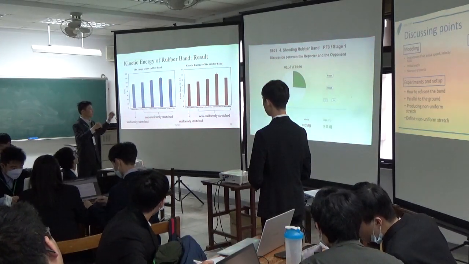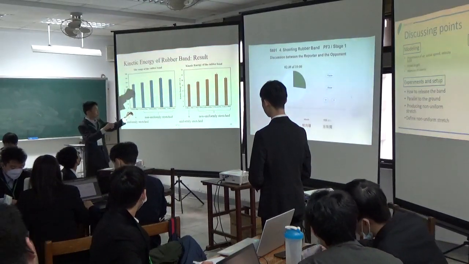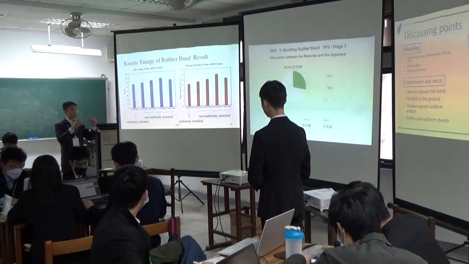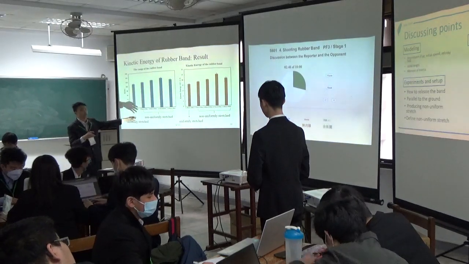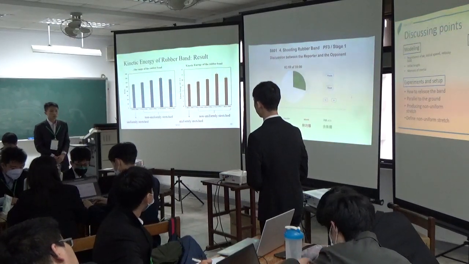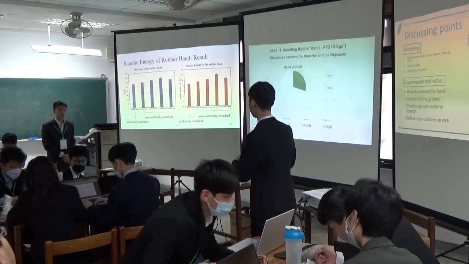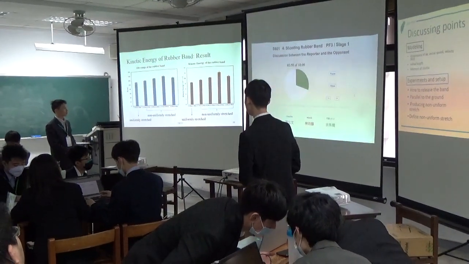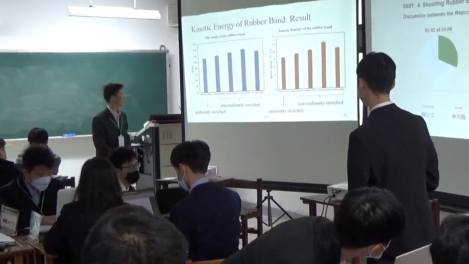But when it is stretched too much, then the energy will transfer more to the rotation, but not increase the kinetic energy. But how do you define too much? What is the too much?